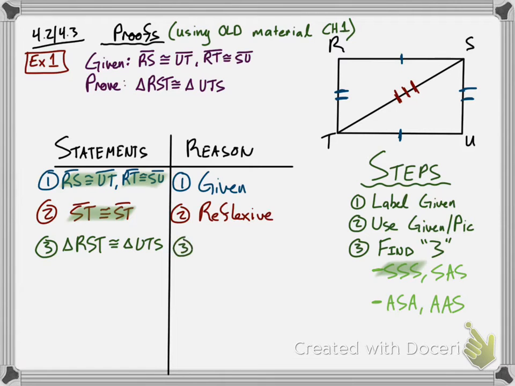And our reason was the side, side, side theorem. So there's our first proof. Again, we're just following these steps of labeling the given, using the given or the picture, and then figuring out which 3 pieces of information that we do have.